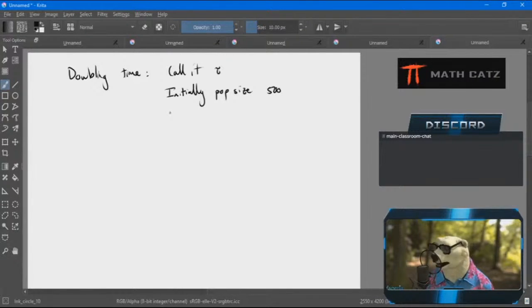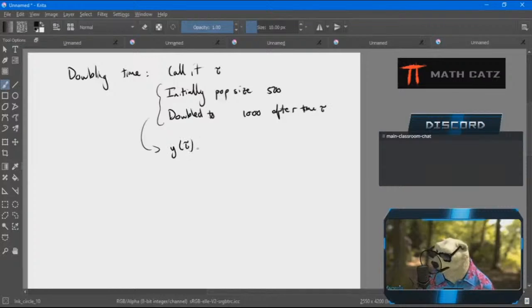500. Then it doubled to 1,000 after time tau. In this case, it was 6 months, but it might not be, right? If we want to find that doubling time, this means that y of this doubling time period is 2 times 500.